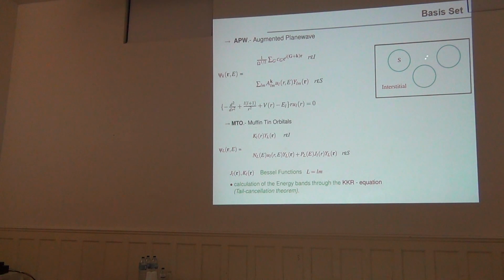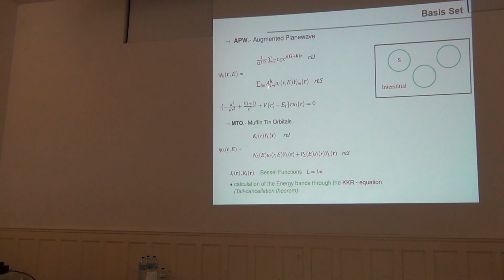So I divide the space into spheres around my atoms, and the interstitial is the space between the spheres. If I am away from the atoms, in the interstitial, I can describe the electron as a plane wave. And this is what we are doing here. So the electron in the interstitial is described as plane waves. And when my wave function is near the atom, I'm going to use the information that I know from the hydrogen atom.